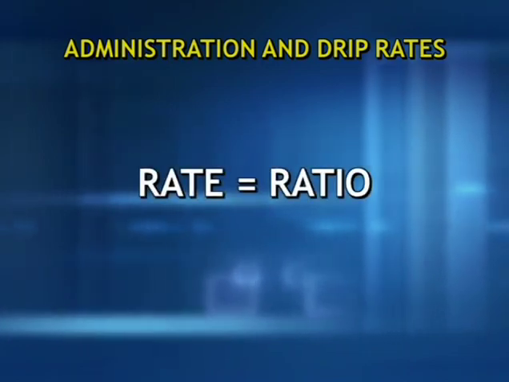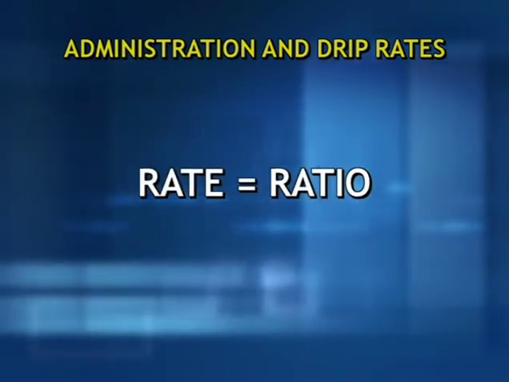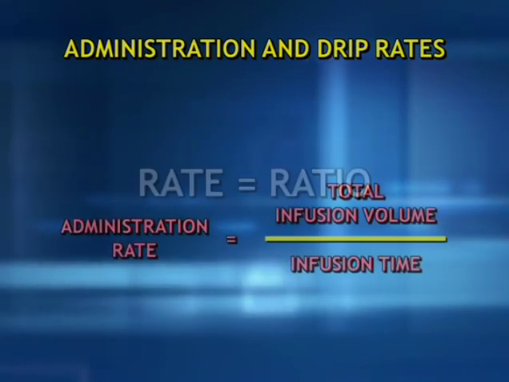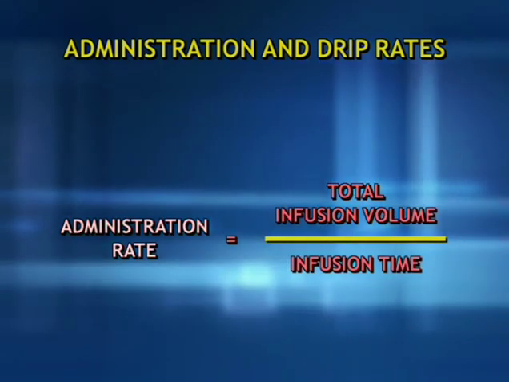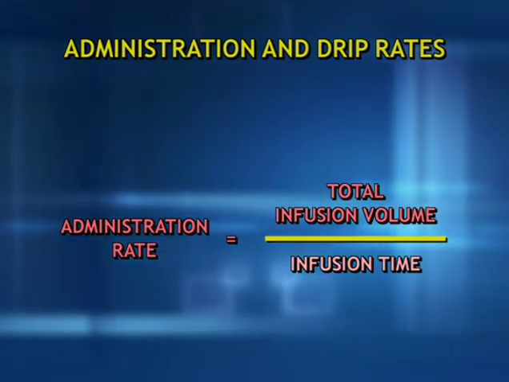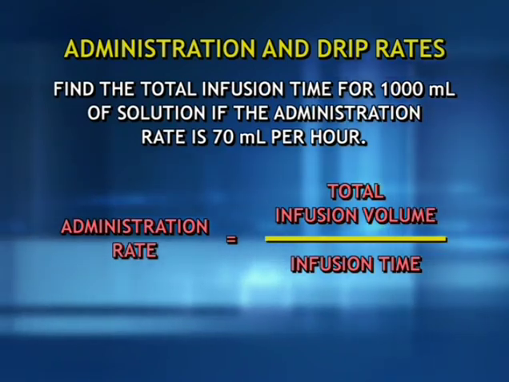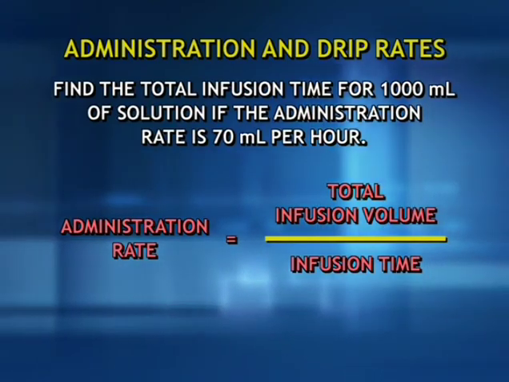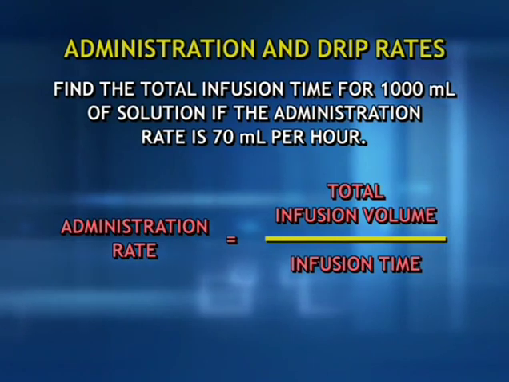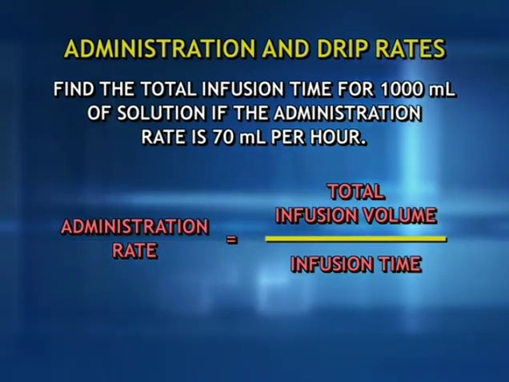Administration and drip rates are easily calculated using ratios because a rate is a ratio. An administration rate is determined by the equation administration rate equals total volume to be infused divided by infusion time. To find the total length of time an IV solution containing 1,000 milliliters will run if the flow rate is 70 milliliters per hour, substitute into the equation and solve.